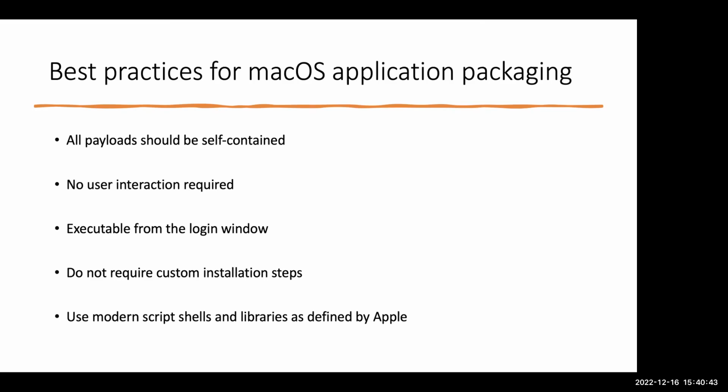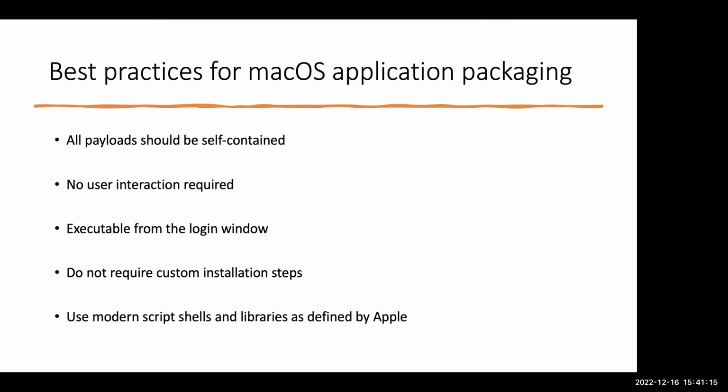There are ways that Cisco AnyConnect supports as well: you can use installer choices to define which components you want to install. So you should have an option which will not require custom installation steps. By this, I mean you should have an option to define which components you want to install so that the installer doesn't halt or get stuck during the installation. This should allow you to deploy any packages remotely.